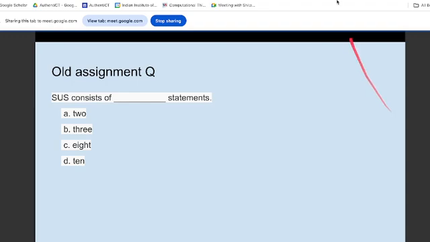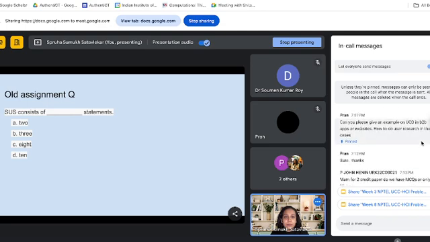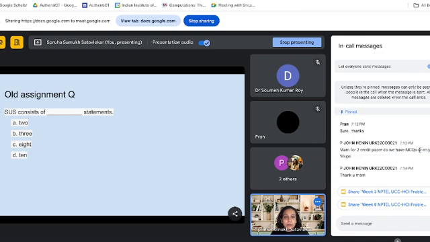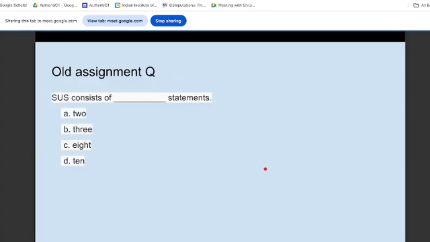These are some of the recall questions. Let's go through them now. D is the correct answer. Then there are 10 statements.